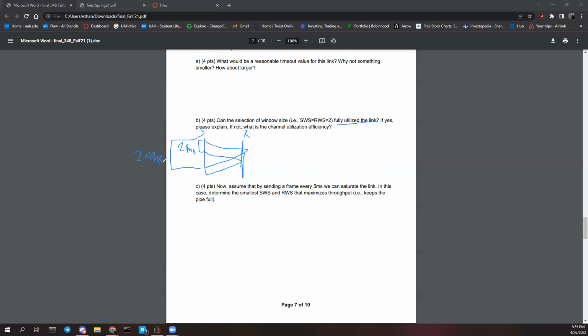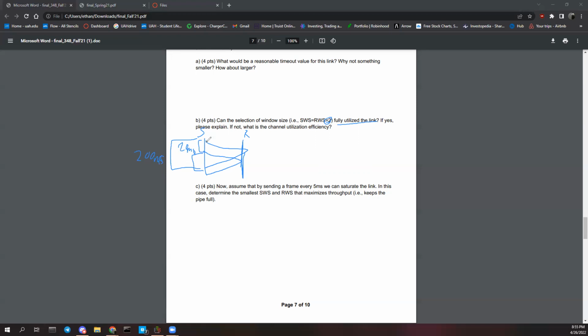So, does the sending window size equal to 2 fully utilize the link? Well, let's think about this. This is the sending window size is equal to 2. So he just sent 2 messages. There's a 20 millisecond wait between message sends. That means there's 180 milliseconds of space between the first send and the first receive sitting there idle.